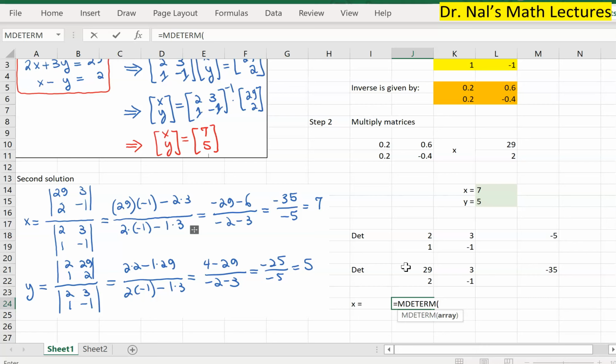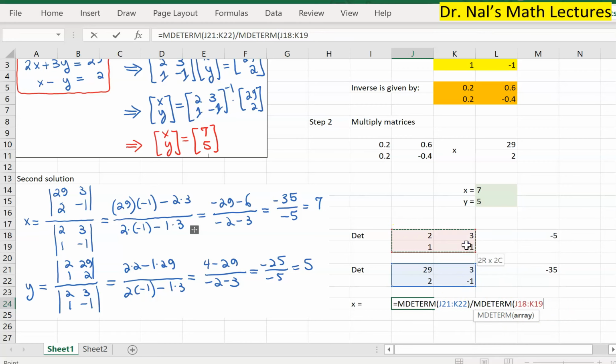So it would have been the determinant of the numerator, which is this monster over here, close parenthesis, divided by, again, m determinant. You guys see what I'm doing? I'm just calculating everything in one step, and then dividing by the determinant of the denominator. That's it. Close parenthesis, all the calculations together, x is equal to 7.